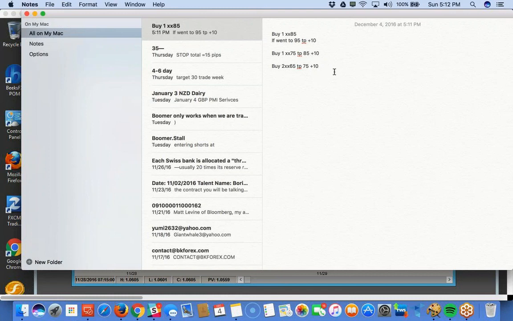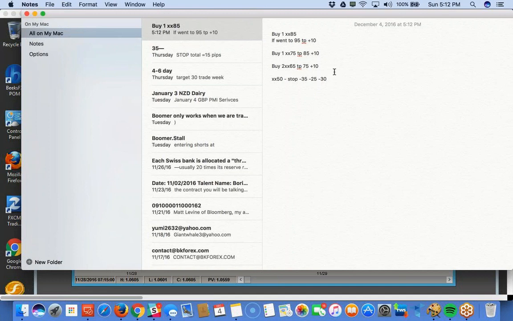And then ultimately, if the price just never rallied and it hit the 50 level, we would stop ourselves out, right? And the total stop on the position would be 85 minus 50. That would be minus 35, right? Minus 25 on the 75s, and then minus 30 on the 65s. Just want to make sure everybody's really clear on the math here. It's 35, 25, 30.